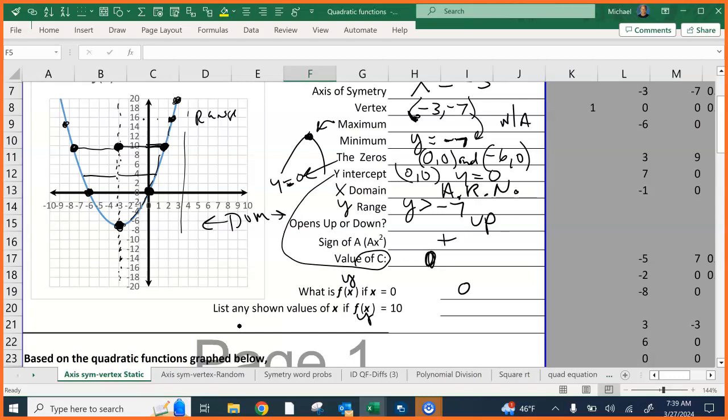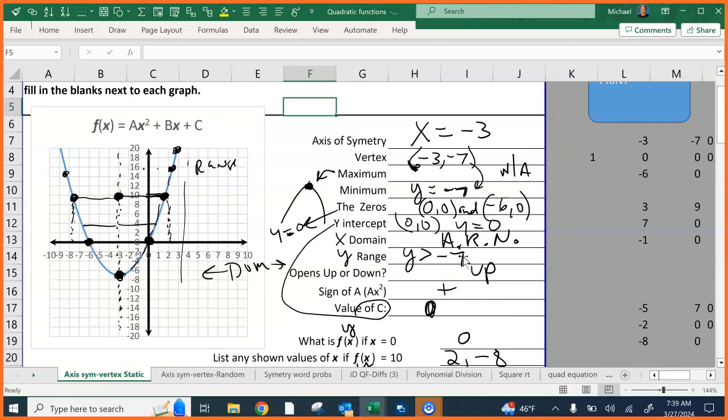Well, it looks like it's about 2, doesn't it? Maybe it looks a little bit off, but you can just put close values. So 2 is one of the x values right here, and -8. Those are going to be the values of x where f of x is equal to 10.